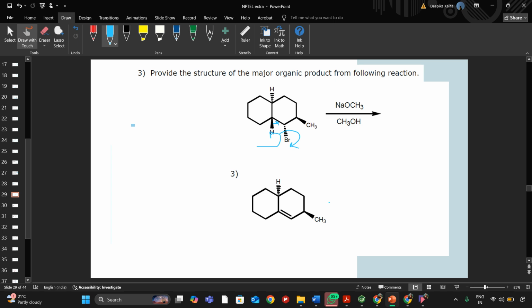Hence, we will get a double bond at the junction. You can think that proton from here can also get abstracted and we can get a double bond here as well. But this is not going to be the anti-elimination because the hydrogen and bromide are syn. Hence, we will preferentially get this product formation. I hope this is clear.